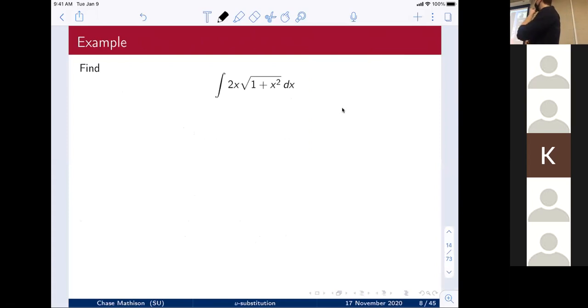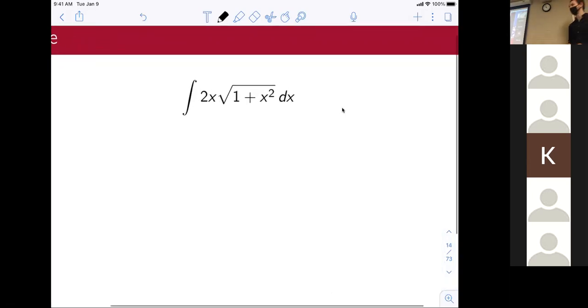So let's look at an example here. Let's find the general antiderivative, or the indefinite integral, of the function 2x times the square root of 1 plus x squared with respect to x. This is a classic u substitution problem.